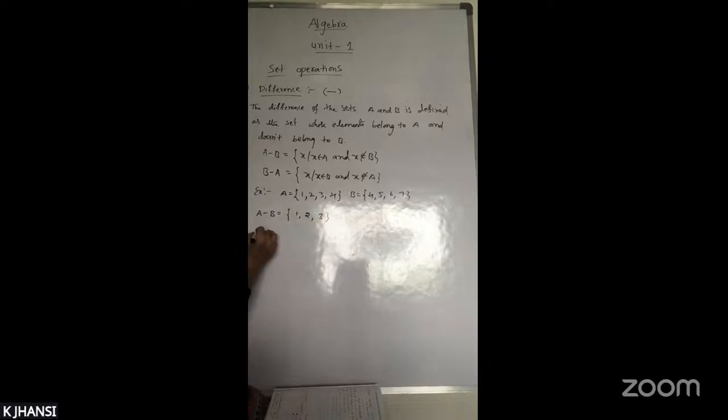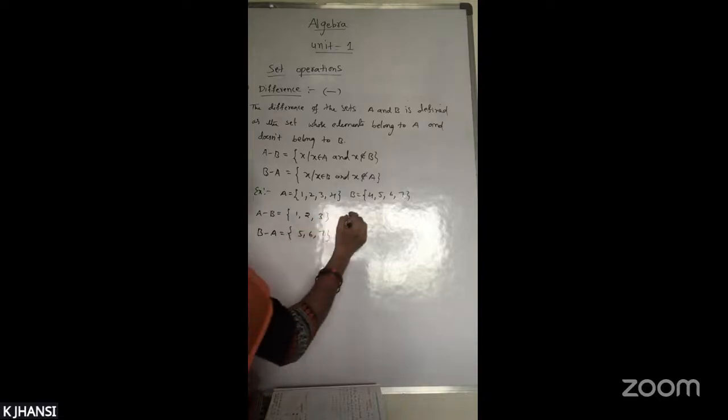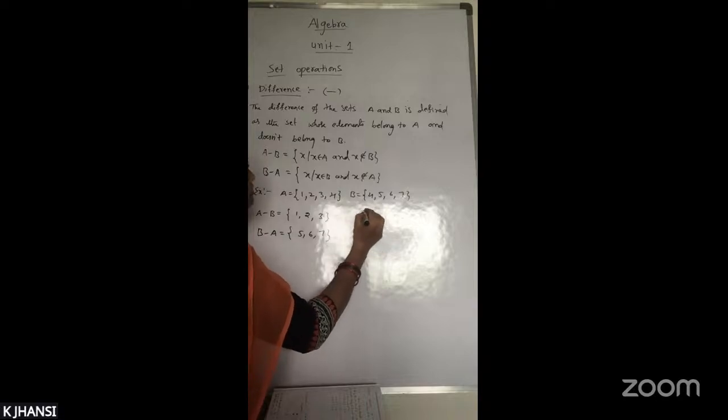Okay. If you see B minus A, B minus A means 4, 5, 6, 7 are there in B, and here 1, 2, 3, 4. That means in both the sets we have 4 as a common element. So you have to eliminate that element. So the remaining will be {5, 6, 7}. Okay. So like this we have to write, and the representation in the Venn diagram is like this.